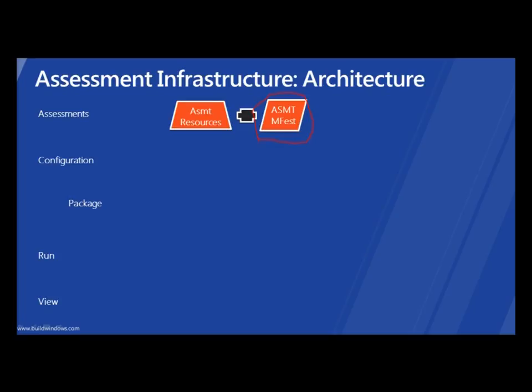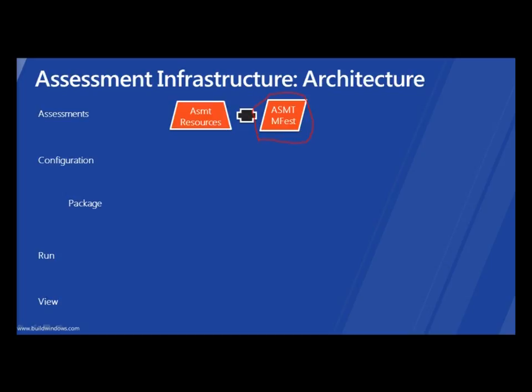Each assessment manifest contains a unique identifier, version, a set of requirements that it needs to run under, and other descriptive information, including servicing information. It also contains information that will make it easier to configure the assessment and defines the metrics or outputs of the assessment. It's an XML file, and you can actually build this in Notepad if you want to.